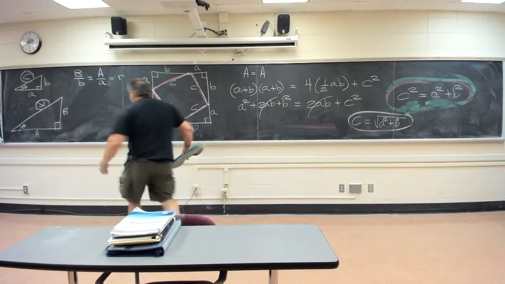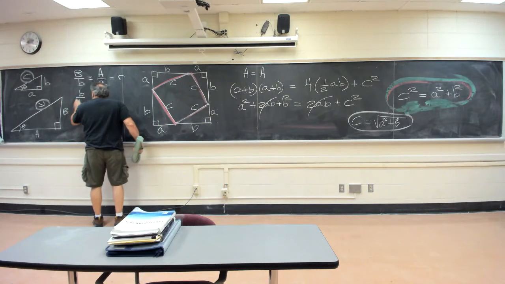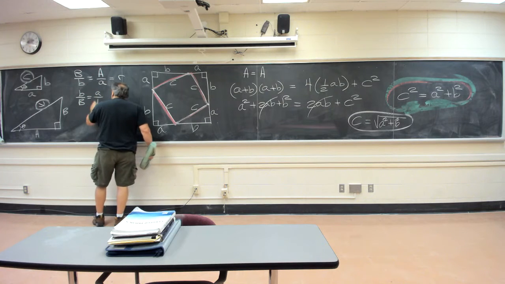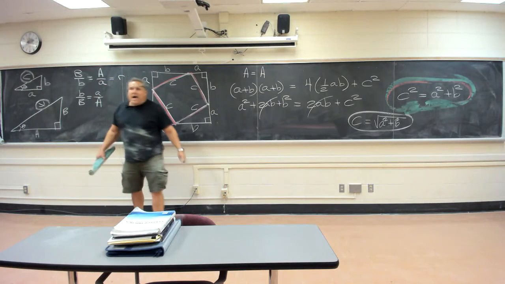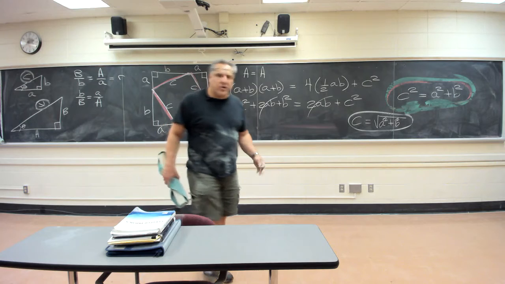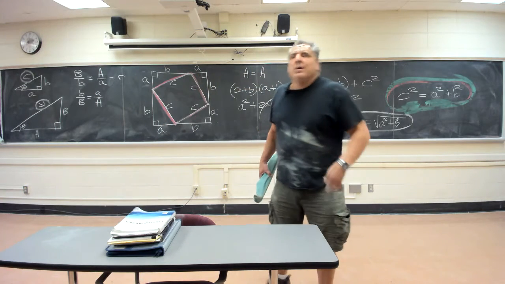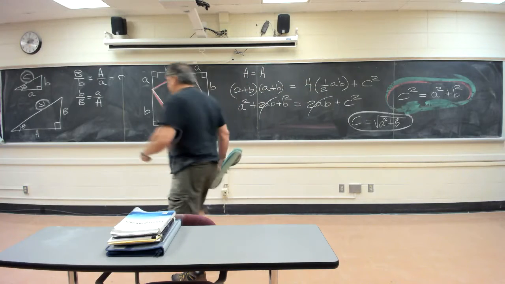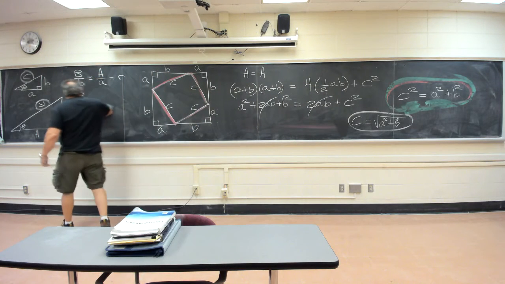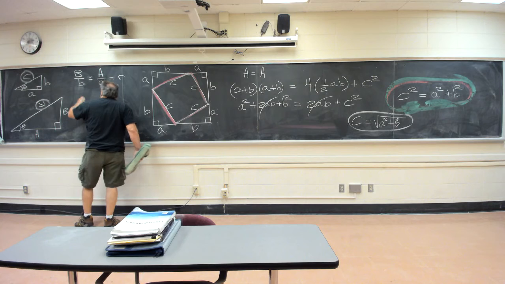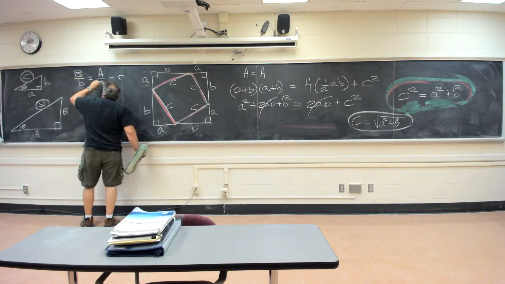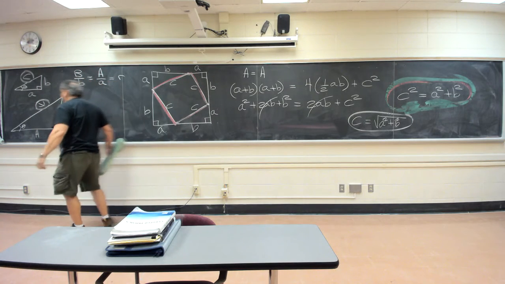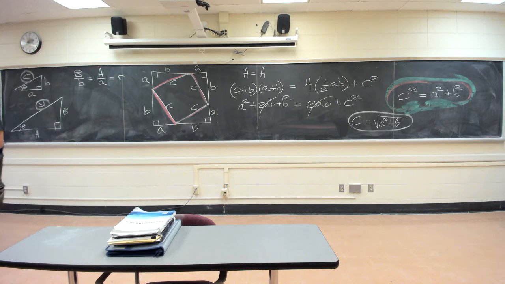I could just as easily have flipped this upside down and gone like this. Okay, we know that. So I don't care if you went small b over big B, small a over big A. If two ratios are equal to each other and they're not equal to zero, their reciprocals are equal. Doesn't matter. So it's not a problem.